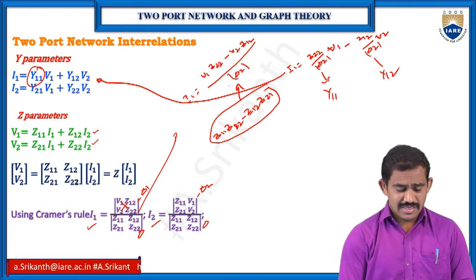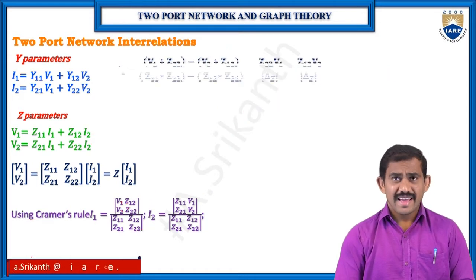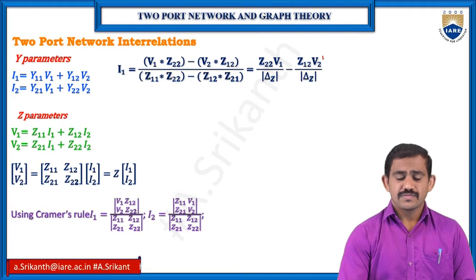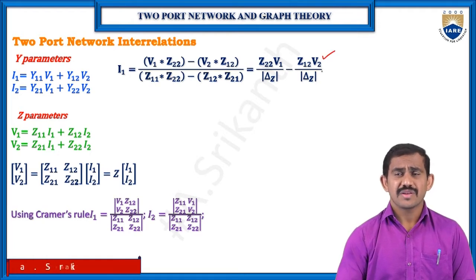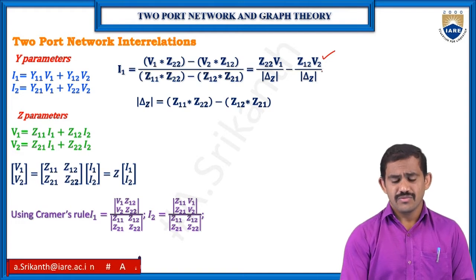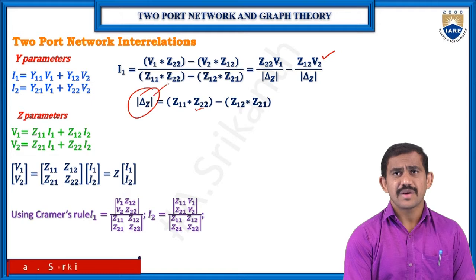Okay, now we'll check it. So from the i1 equation, we will get this equation. From this equation, z11 into z22 minus z12 z21 is del of delta z, the denominator.